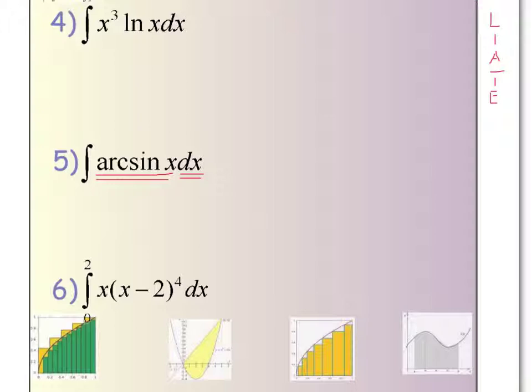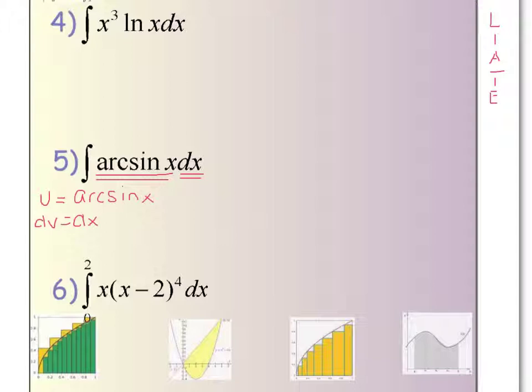And this, by the way, is not a formula that you need to remember or know a formula for, I guess. So, in our selection for u, since we do have an inverse trig, we let u equal the arcsine of x. And then, of course, dv will be everything else, which is simply dx.